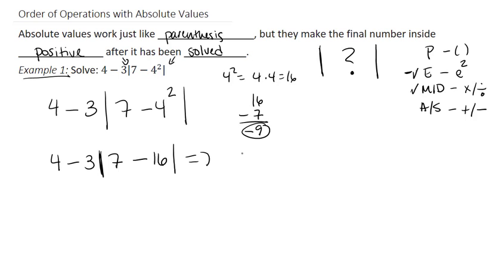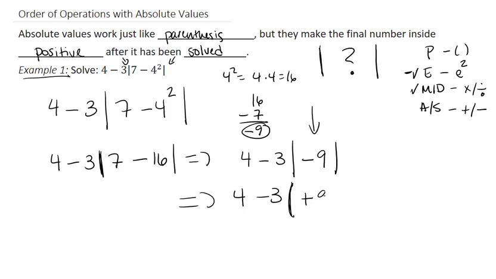So when we look at this, we have 4 minus 3, then this absolute value sign with negative 9 in it. Now, absolute value signs, after they've been solved for, which this one has, make whatever is inside positive. So if it's negative 100, it becomes a positive 100. So this then can be rewritten as 4 minus 3, and then our regular parentheses, positive 9.